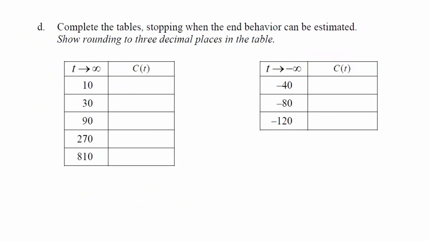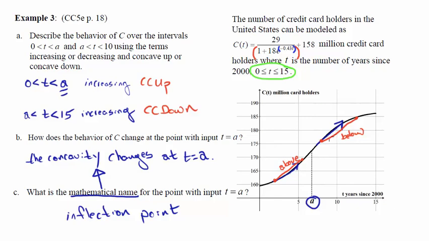Now, we want to figure out what these limits are. Now let's go back to the graph we were just looking at here. You might be able to look at the graph and say, okay, if I go to the left forever, maybe that's going to level off, maybe it goes down. If I go to the right forever, maybe that levels off to some value, maybe it keeps going up more and more slowly.